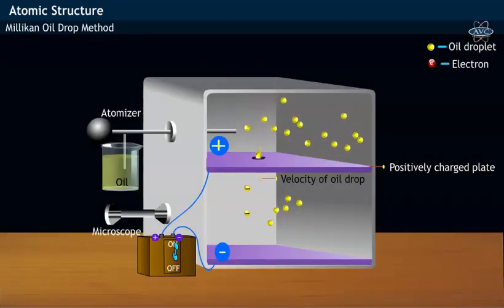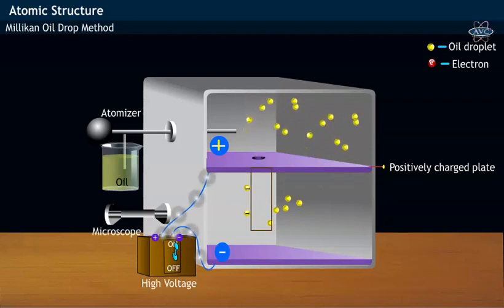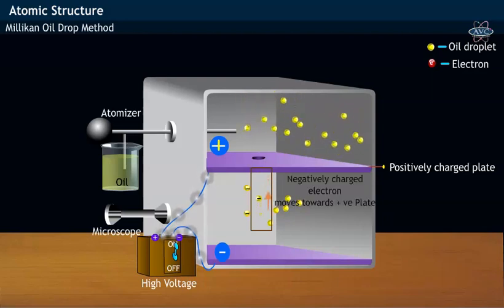The velocity of the oil droplet could be controlled by changing the voltage across the two plates. At high voltage, the negatively charged oil droplet tends to move upwards, or rise towards the positively charged plate.